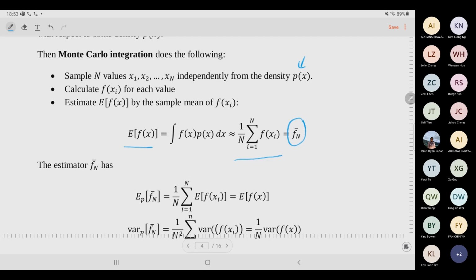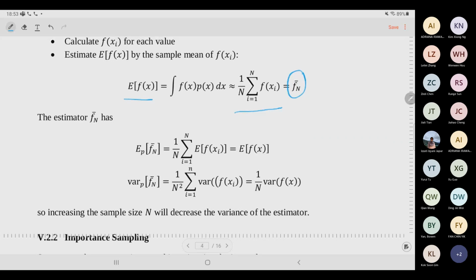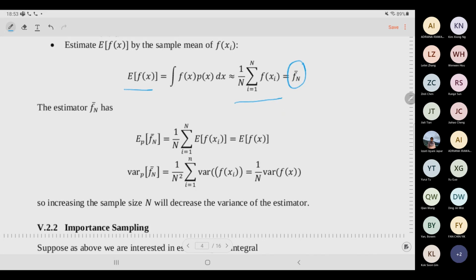This is an unbiased estimator, because the expectation of the estimator equals the expectation of the true function. Then you have the variance: if you have a large sample size, the variance of the estimator will decrease.